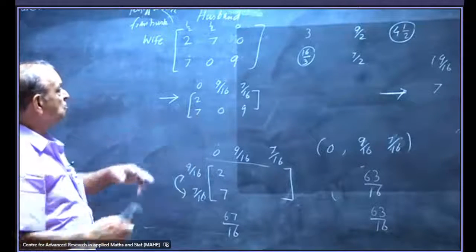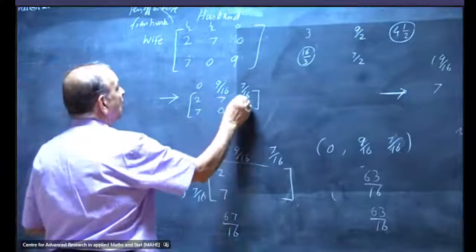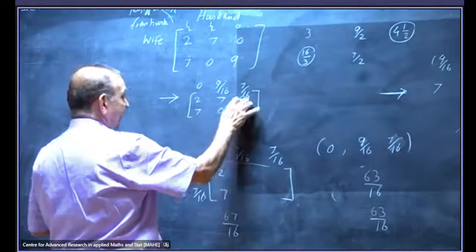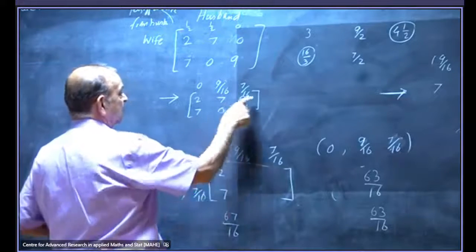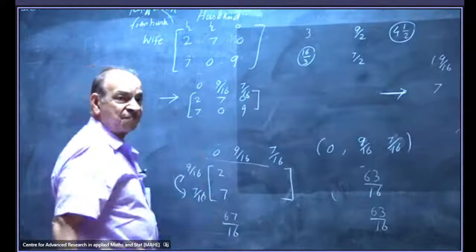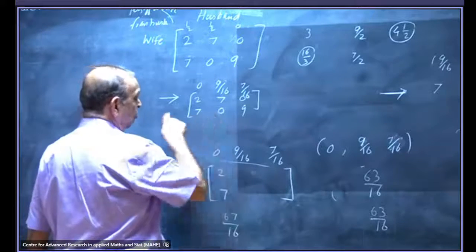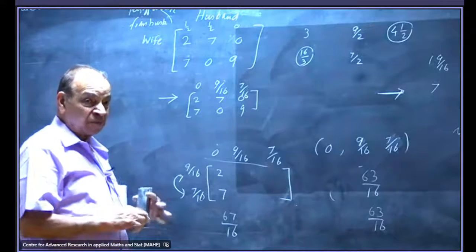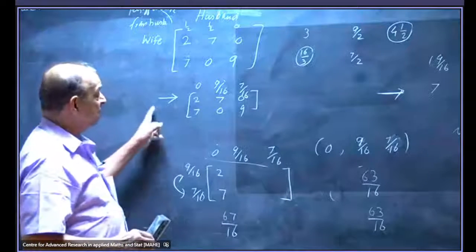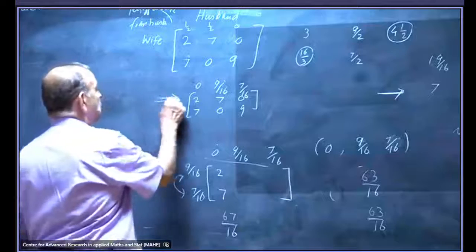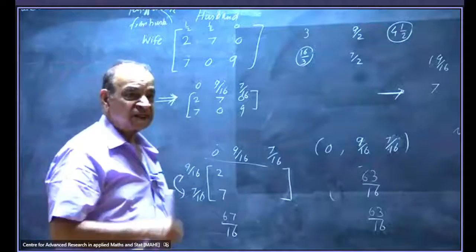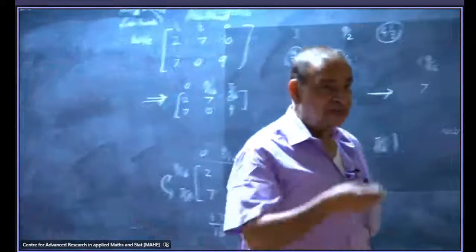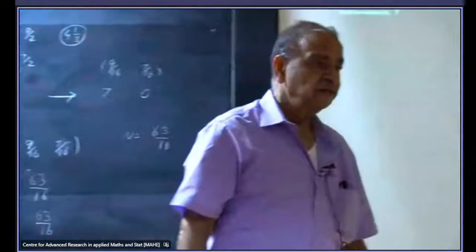If she always chooses the first row, still she will get an expectation of 63 over 16. If she chooses the second row always, then also she will get that. But you have to remember, the moment she does this, suppose she always chooses this. She says, I'm going to choose this. She even tells the husband.